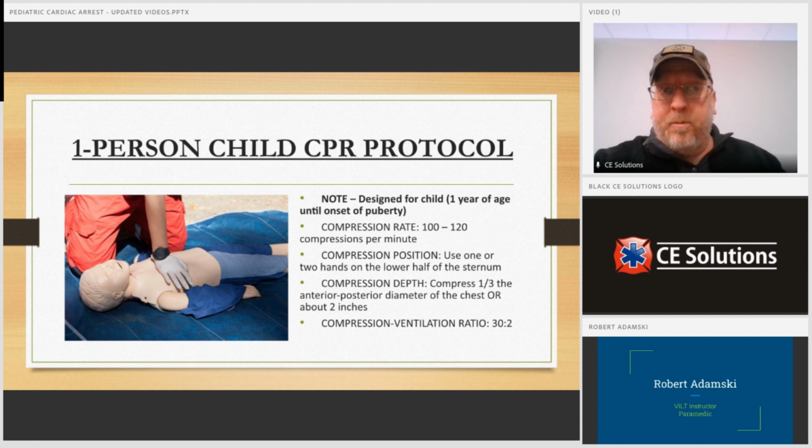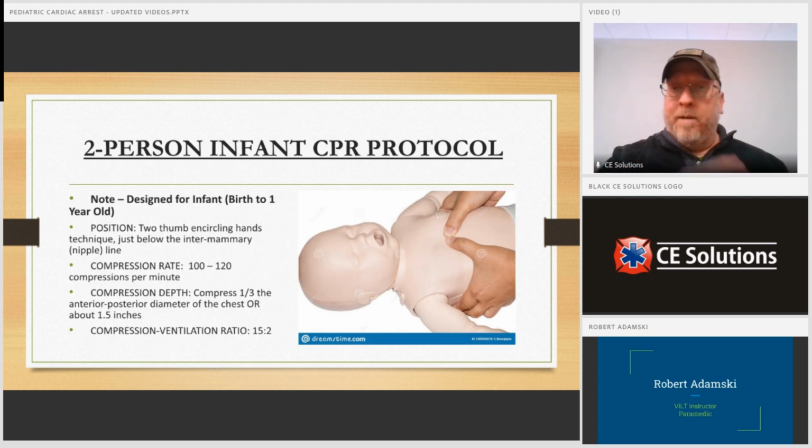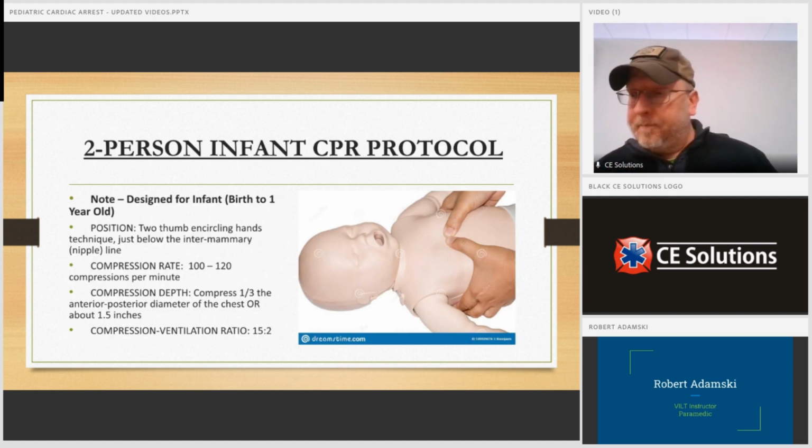It's still 30:2. So the compression ventilation ratio for both types of one person CPR, infant and child, is still 30:2. So those were the one person protocols.